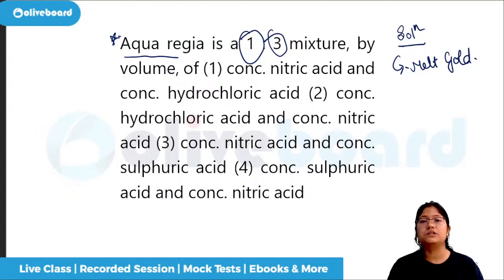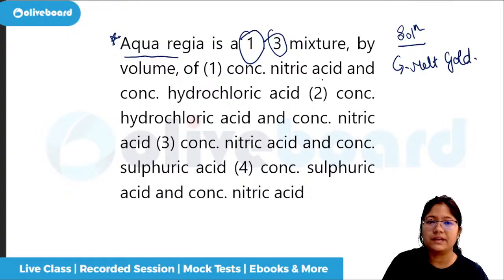It has the capacity to melt it. So aqua regia is a 1:3 mixture by volume of concentrated nitric acid and concentrated hydrochloric acid.